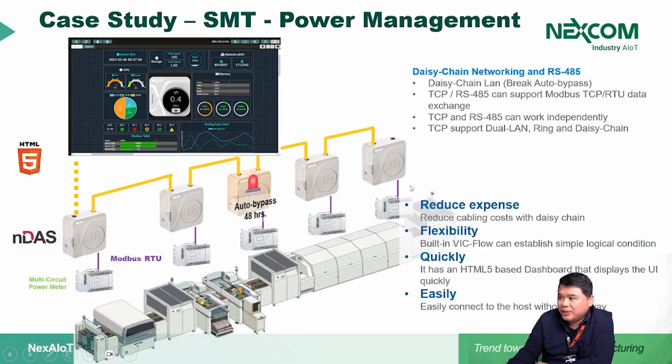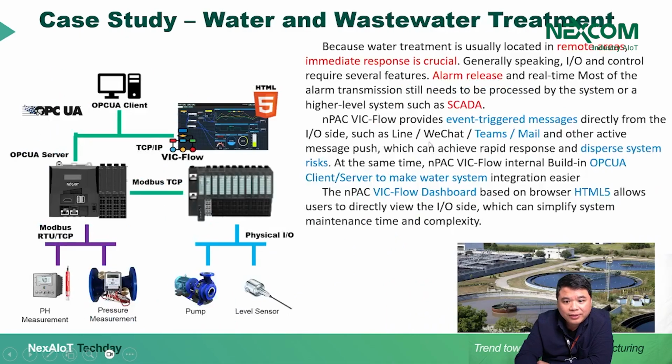And nDAS has a density chain, so you don't need a switch hub. And we have a VIC-Flow and we have a dashboard. So traditionally, we think you need a gateway, PLC, switch hub, and a luxury PC, IPC, and a luxury SCADA. So now 5 nDAS can solve everything.